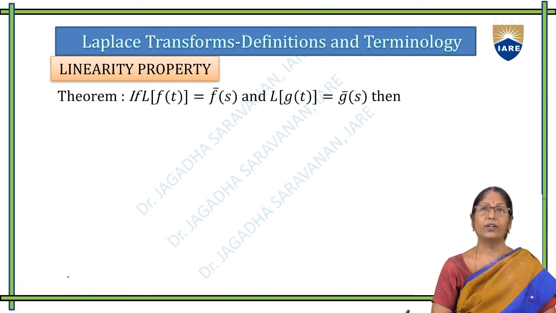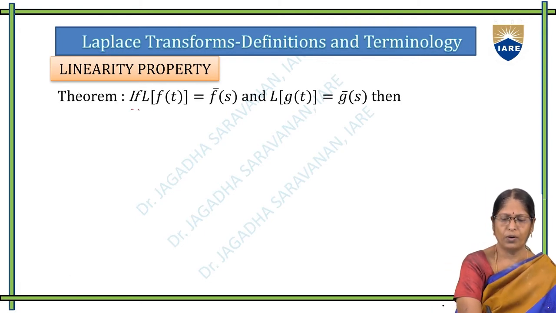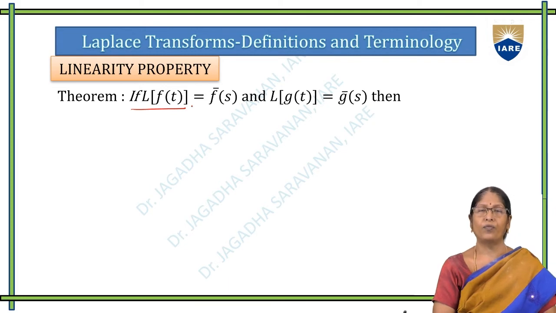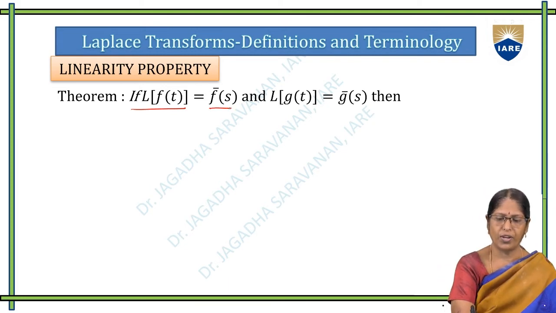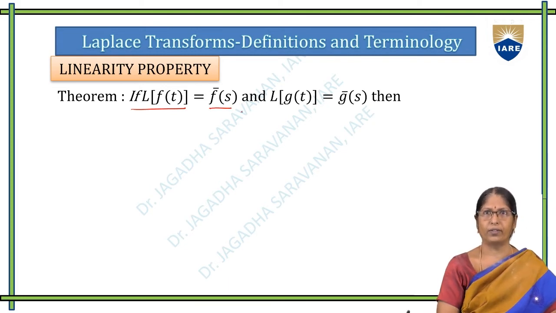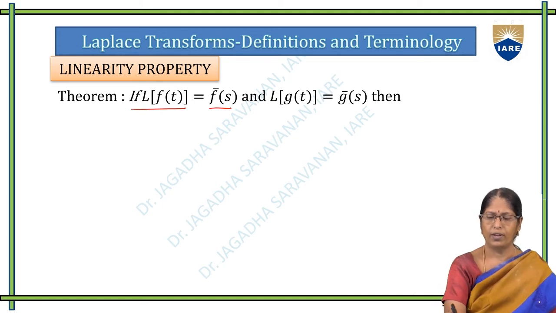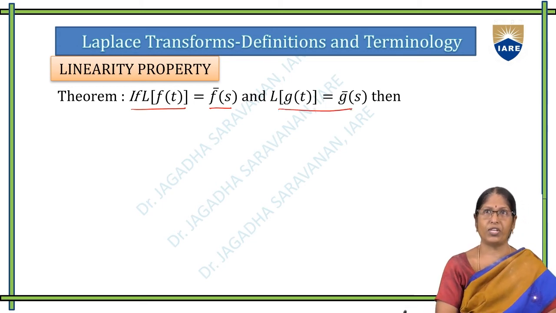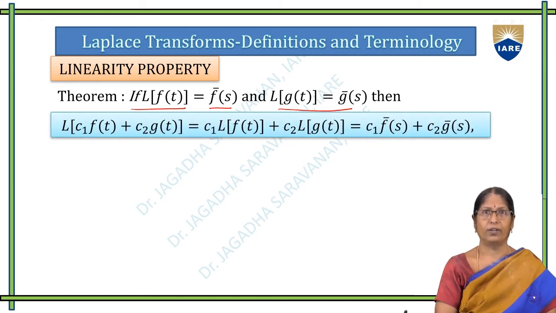So we can see it here. L of f of t, the notation is f bar of s. This is one function. Next, L of g of t is equal to g bar of s, that is another one.